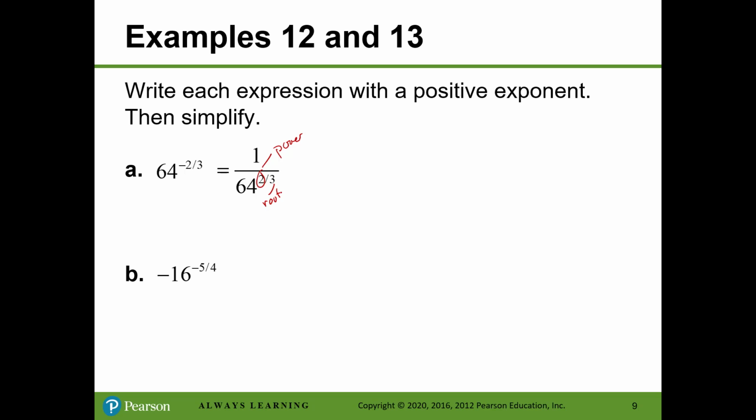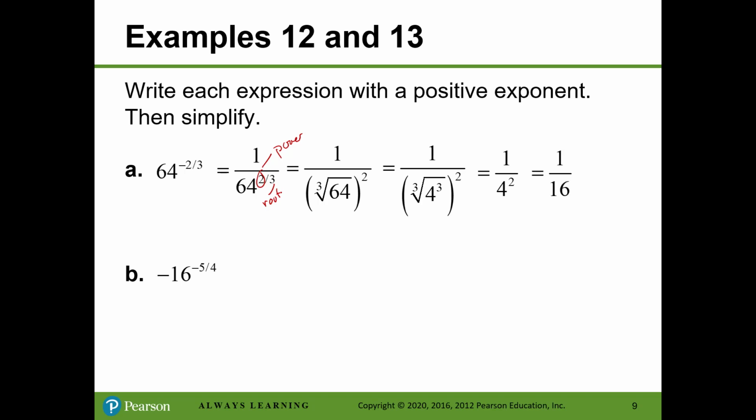And as we saw on a previous slide, it's easier to take the root first. Because most of us, as long as we've been doing our homework on these last couple of sections, know the cubed root of 64. What is it? Yeah, it's 4. See? 4 to the third. Which means the cubed root of 64 is 4. And then all I got to do is figure out 4 to the second, which is 1/16. Cool? Good. Loving it. You getting the hang of this?